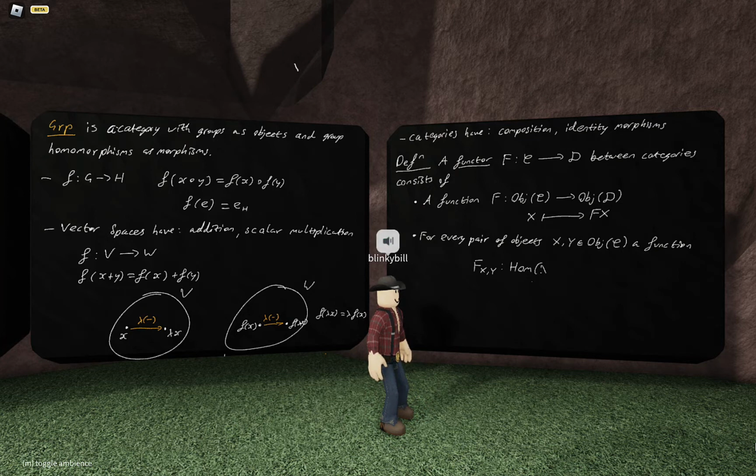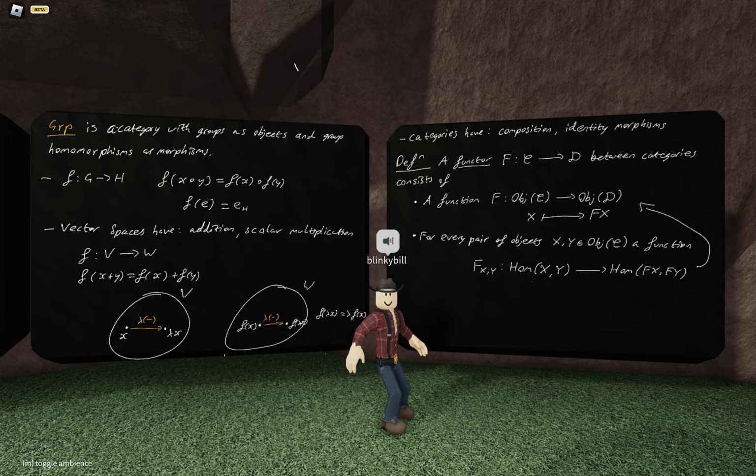You give it a morphism from X to Y, and you receive a morphism in the category D from Fx to Fy. So this definition depends on already deciding what the object Fx is and what the object Fy is. So you have to define the mapping on objects before it even makes sense to talk about what the mapping on morphisms is.